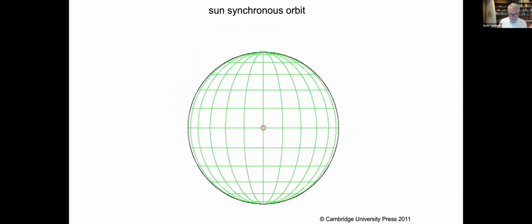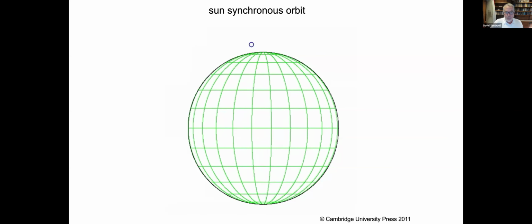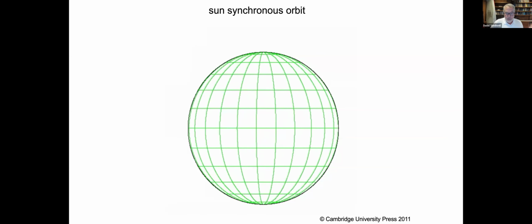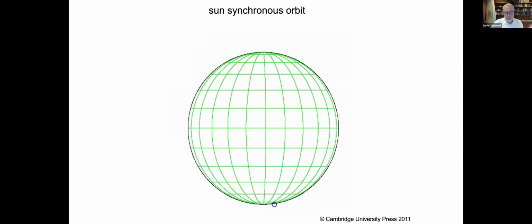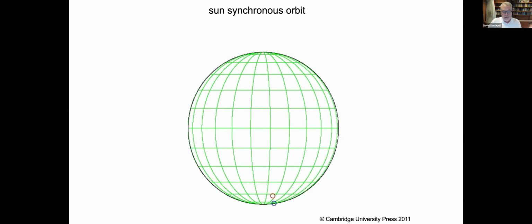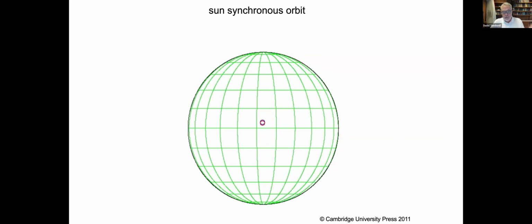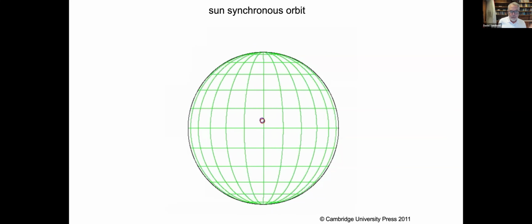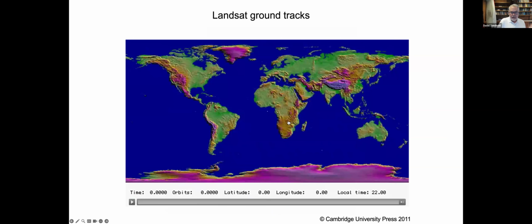But here's a demonstration of a retrograde orbit going around the Earth. The Earth's turning underneath the satellite. So we have the ascending track going from southeast to northwest. And on the other side of the Earth, there would be a descending track going from northeast to southwest. If you look at this on the ground, you can create a ground track.